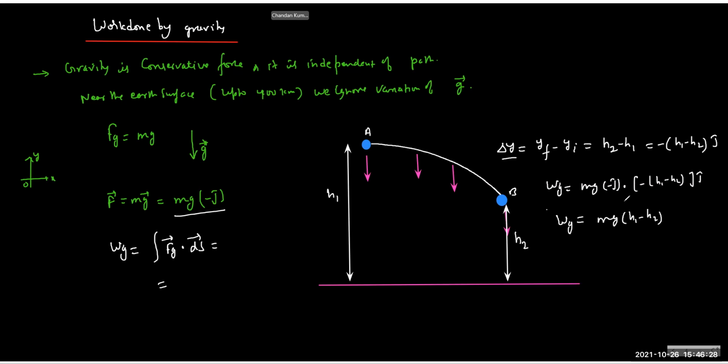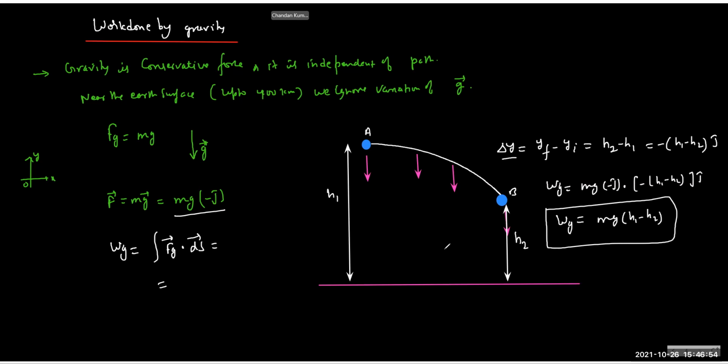Of course, your final answer is correct, but delta y means final minus initial position. And why these are very important things: they are very trivial and we ignore them, but when you write an examination or competition, everything matters. Now you may have two options given, plus and minus, so you may get confused about why you are getting a plus sign or minus sign.